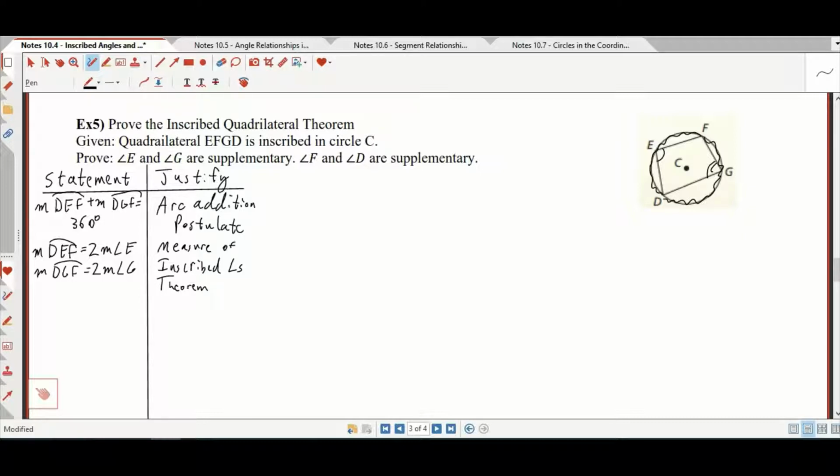But since I know that's true, I can replace DEF with two measures of angle E, and I can replace DGF with two measures of angle G. So using substitution, two measures of angle E plus two measures of angle G are equal to 360 degrees, and that's the substitution property.